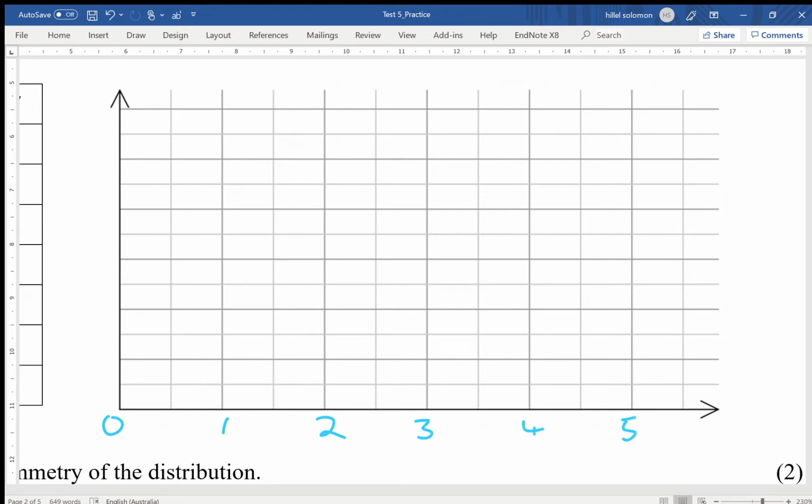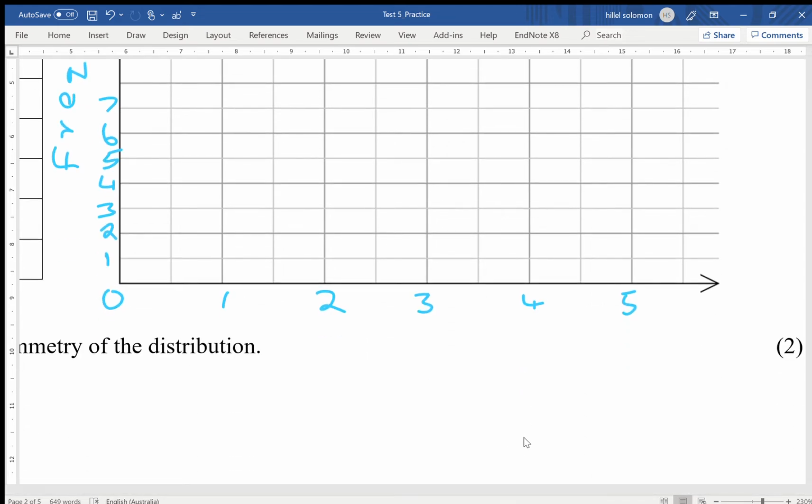And then my frequency up the top. 1, 2, 3, 4, 5, 6, 7. And I'm going to label these axes as well. So this is going to be the frequency, and this down here is going to be the number of bounces. Great.